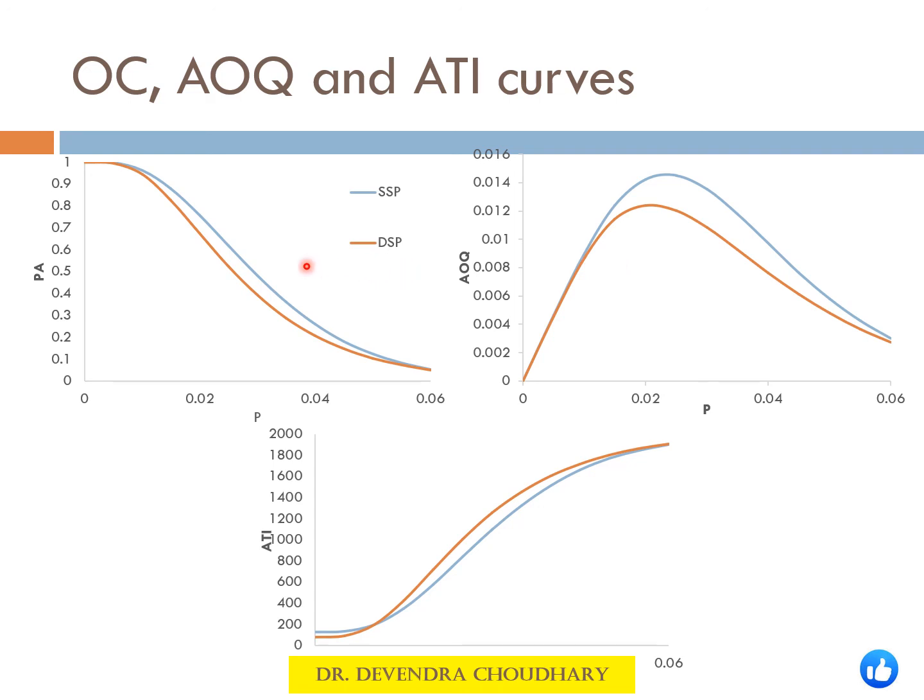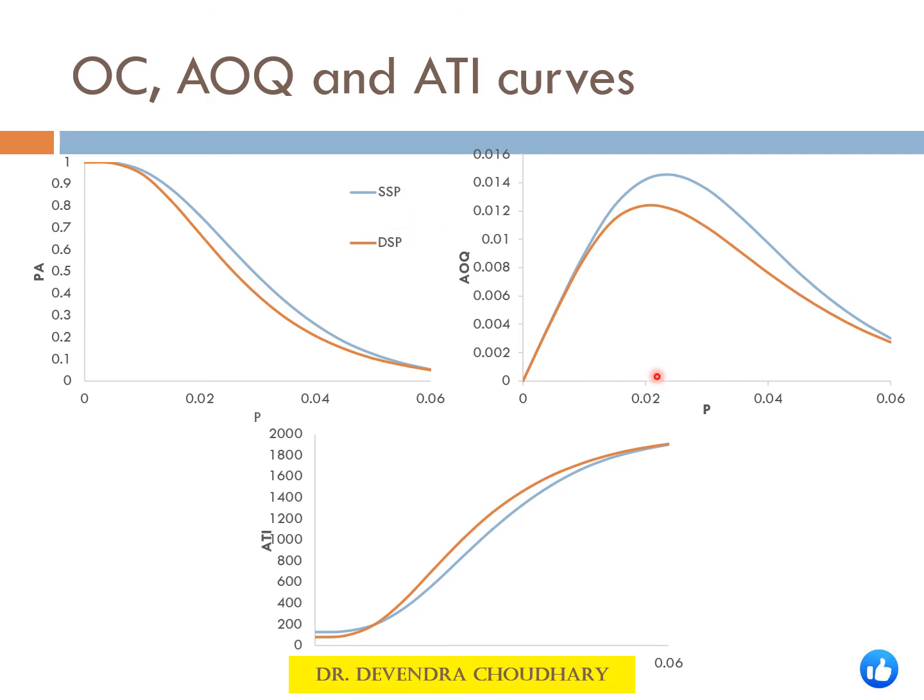If you see, OC curve of double sampling plan is steeper than OC curve of single sampling plan. Hence, the given double sampling plan has more discriminating power than the given single sampling plan.